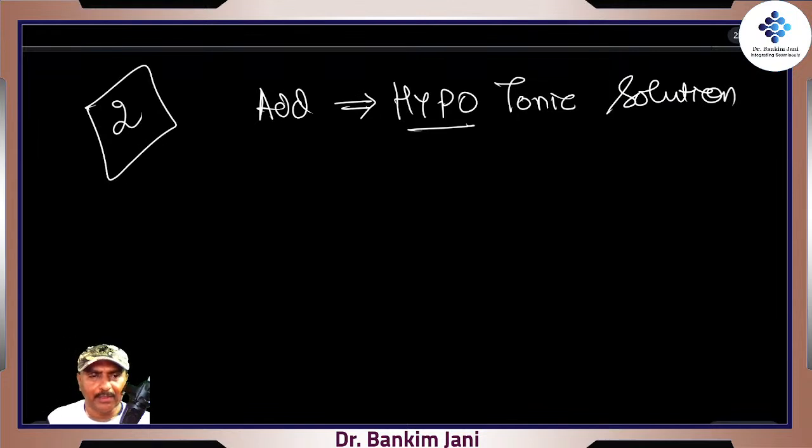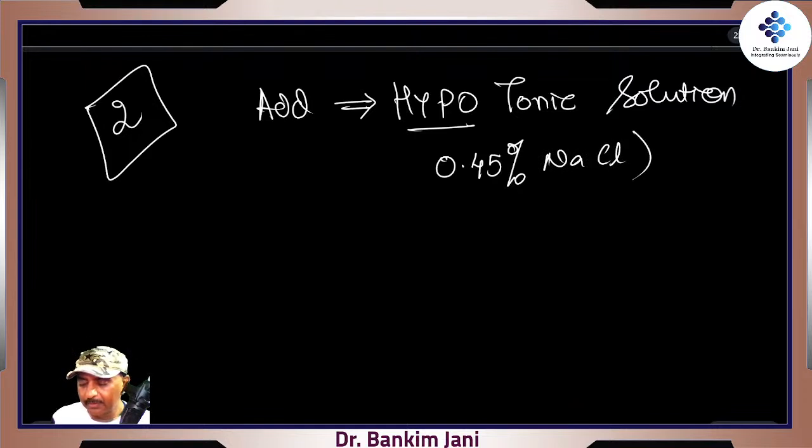Definitely available, right? Say instead of 0.9% sodium chloride, this time we are giving half strength normal saline. So that is 0.45% sodium chloride. So what does this mean?